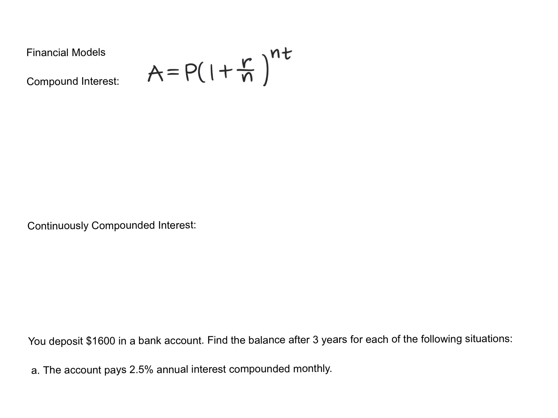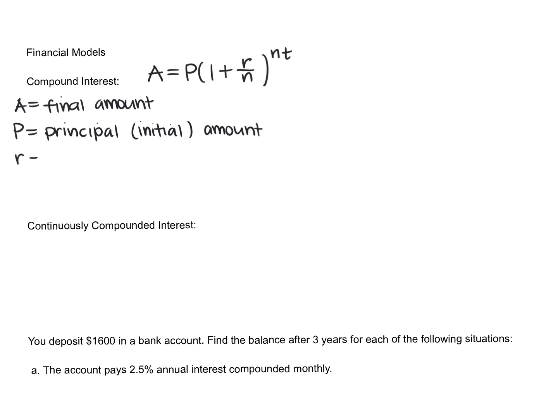There's a lot of variables going on here, so I'm going to explain what each of these mean. A is going to represent our final amount. P represents our principal amount, which is just a fancy way of saying initial. R is our interest rate as a decimal.